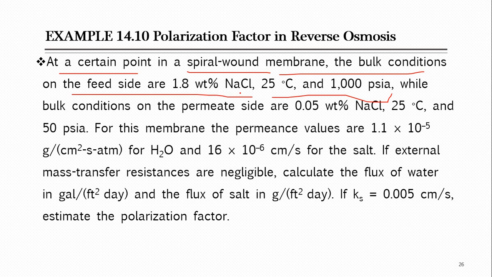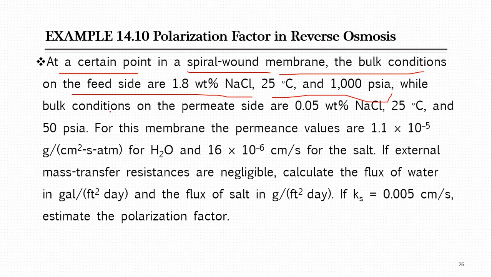Later in this problem he will talk about water, but here 98.2% will be water and 1.8% is NaCl, on a weight percent basis, and this is available at 25 degrees C and 1000 psia.